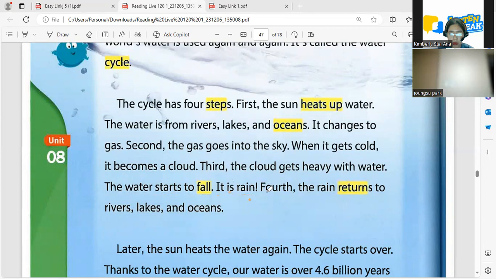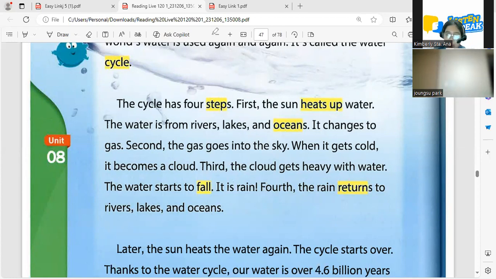Rain. Finally, the rain returns to rivers, lakes, and oceans. Very good. Okay, so that's how the water cycle works, okay?